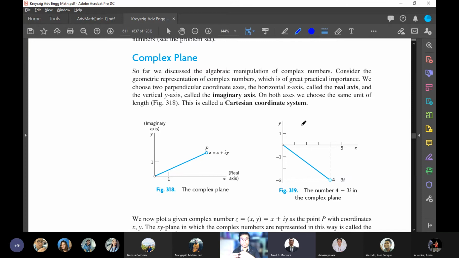Okay. So one main advantage of these complex numbers is that they do have geometric significance.